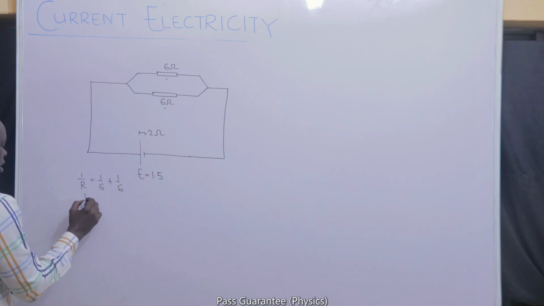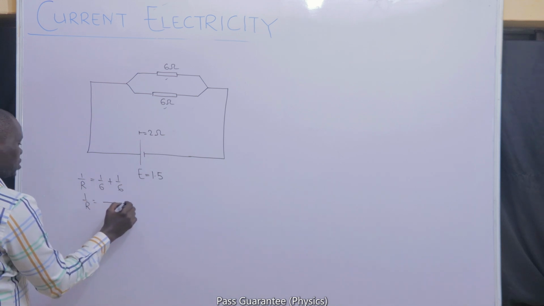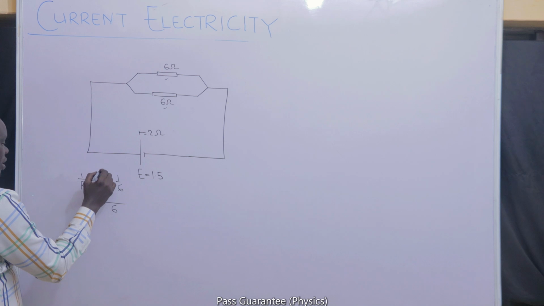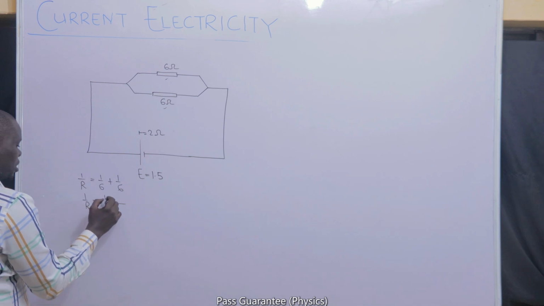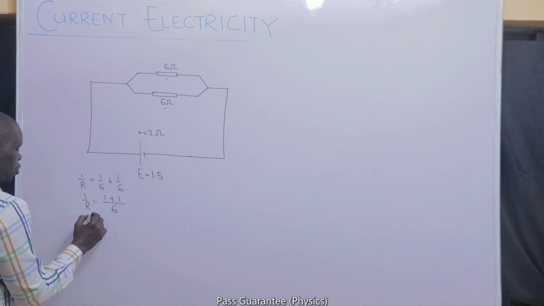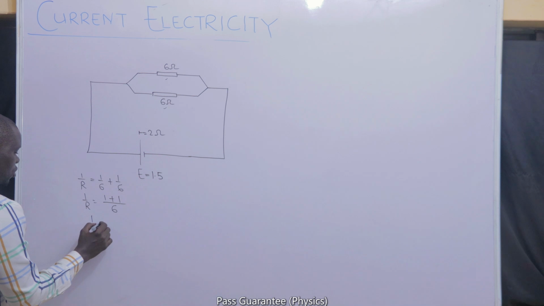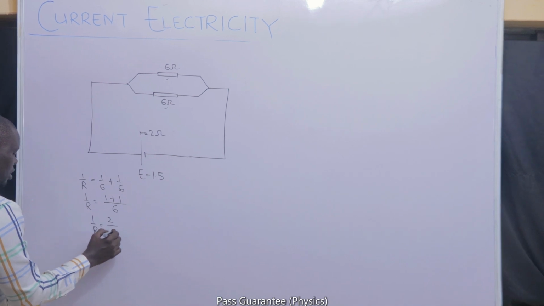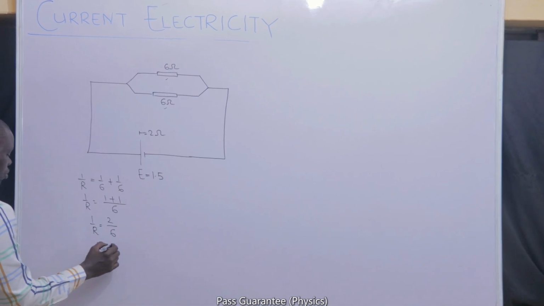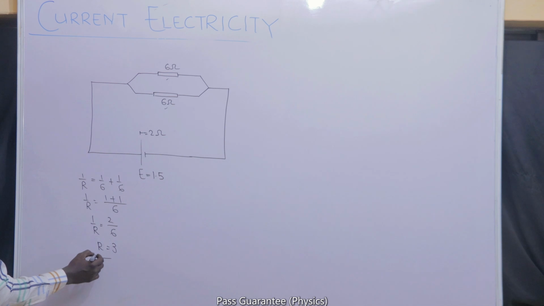The LCM is 6, so 6 divided by 6 times 1 is 1, and again 1. 1 over R, therefore, should be equal to 2 over 6, and R must be equal to 3. The total resistance of the two 6 ohm resistors is 3 ohms.